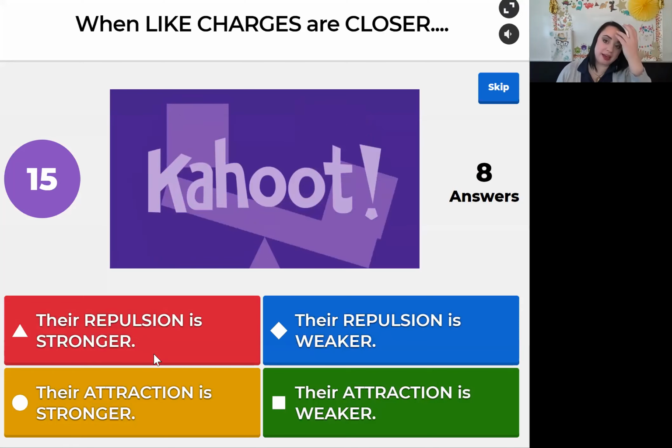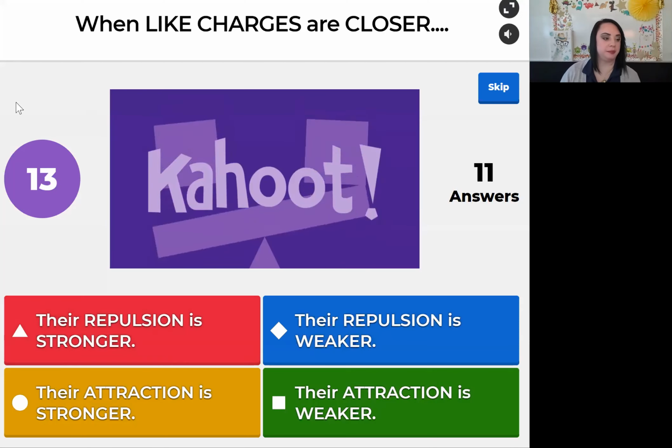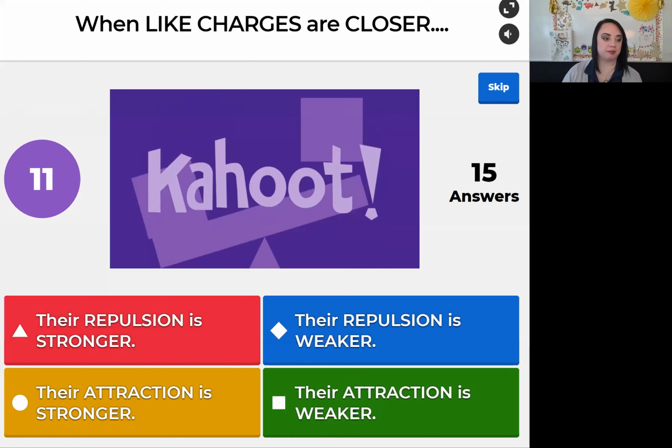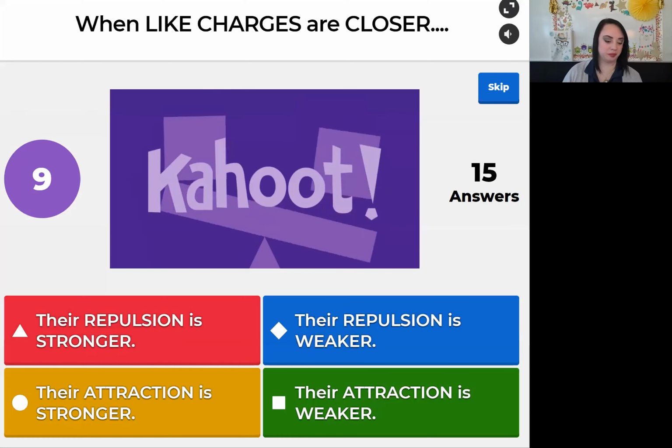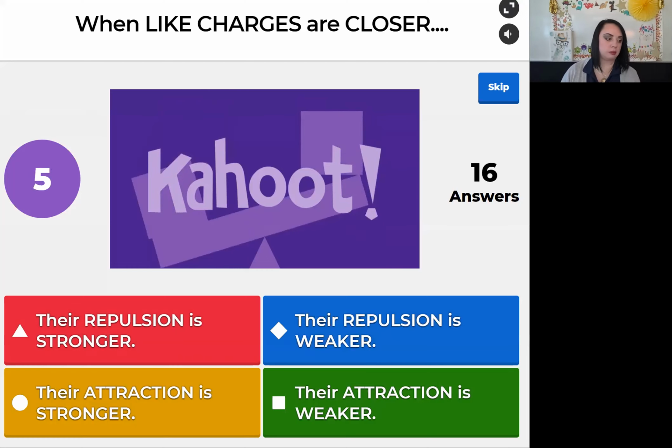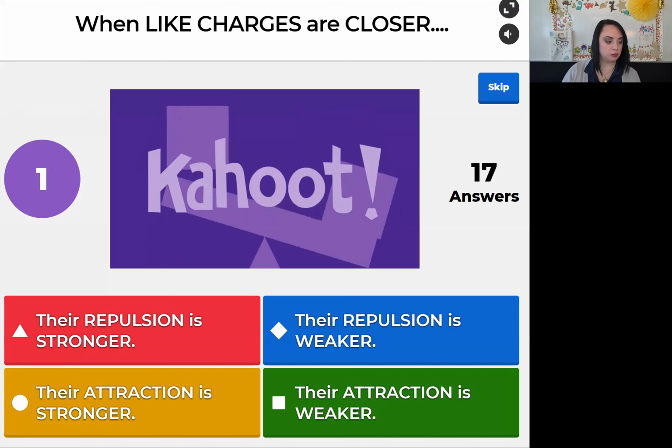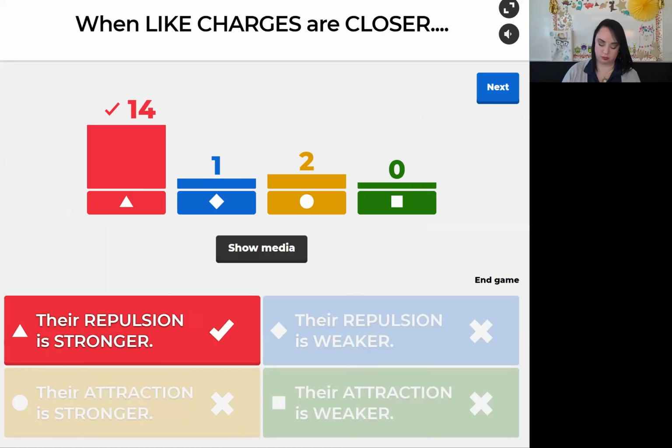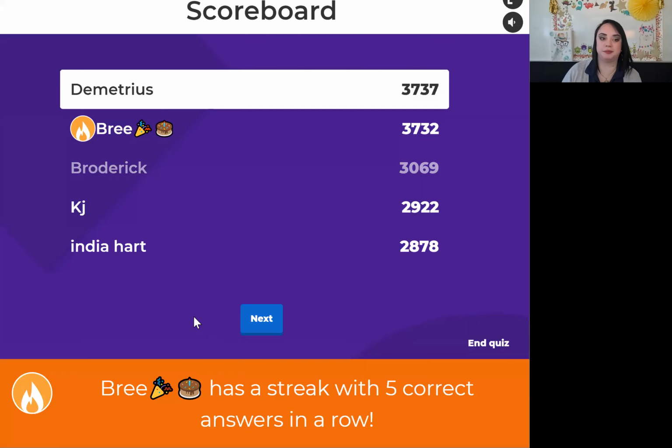All right. When like charges are closer, what will happen? Good. Their repulsion will be stronger.